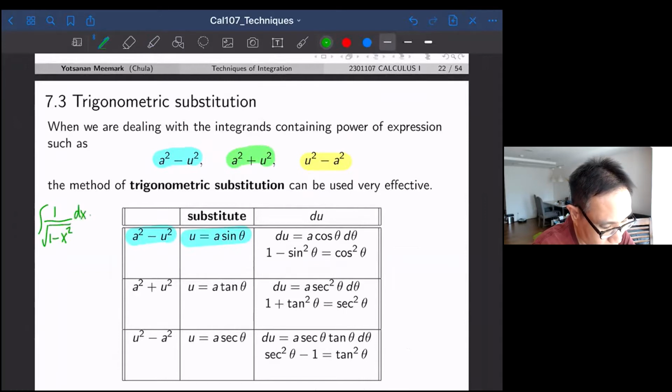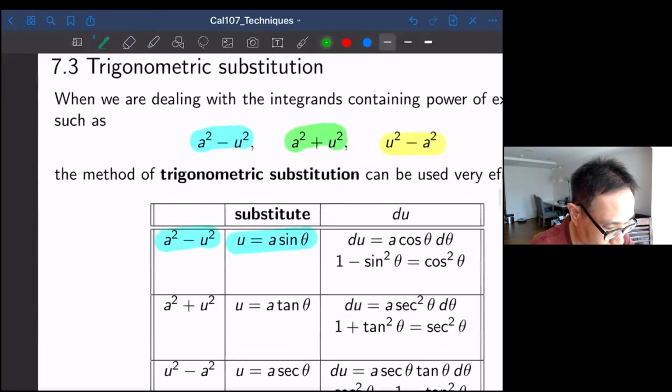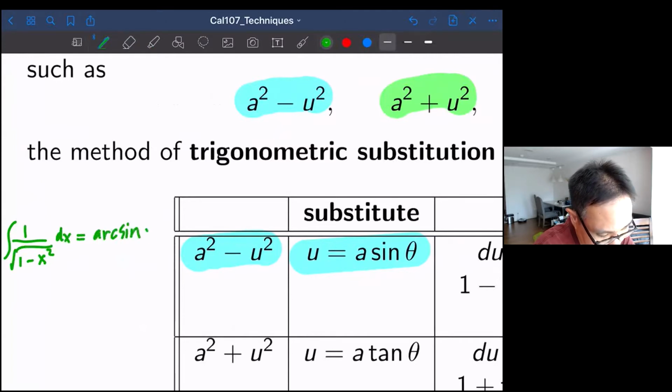So you integrate 1 over square root of 1 minus x squared dx, and this will be arcsine x.